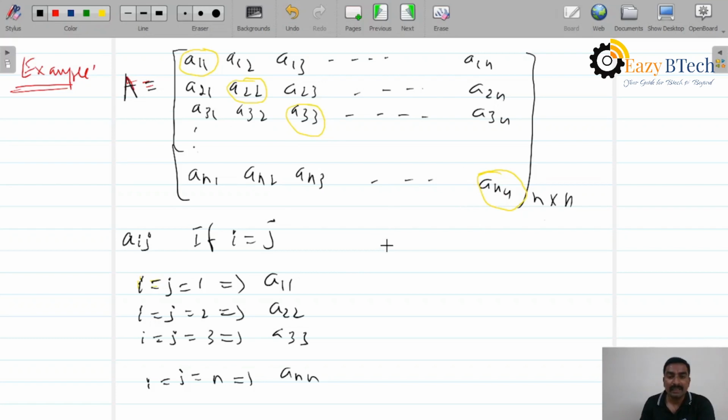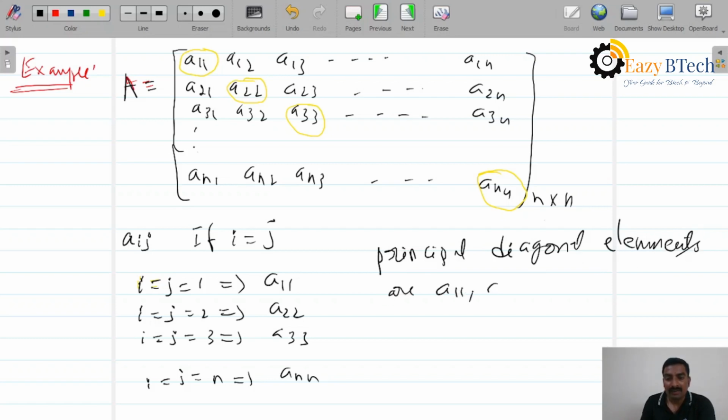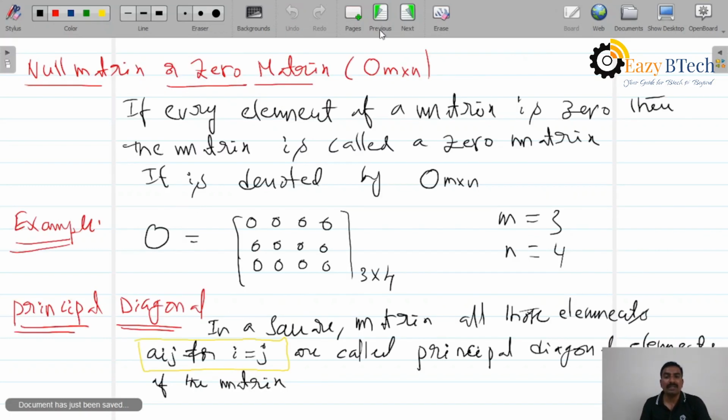That means the principal diagonal elements are A11, A22, A33 up to Ann. These are the principal diagonal elements. Okay, that is Aij. So keep this point; it is very, very important to you. Once again, I will repeat the definition.